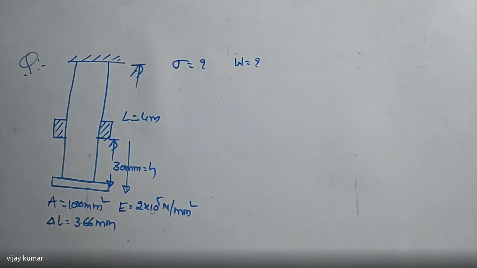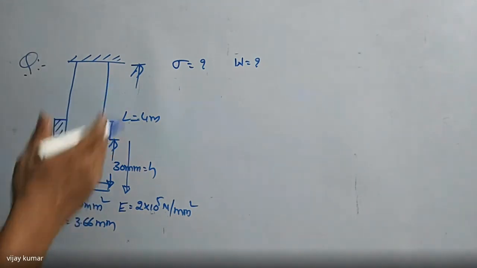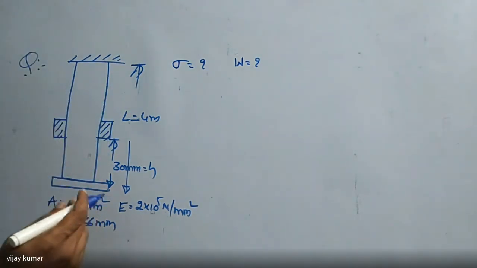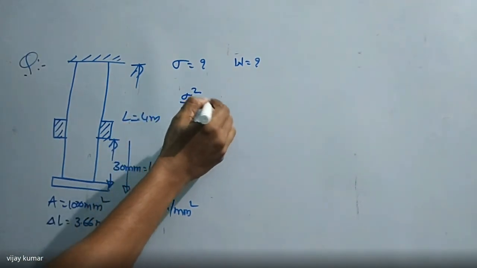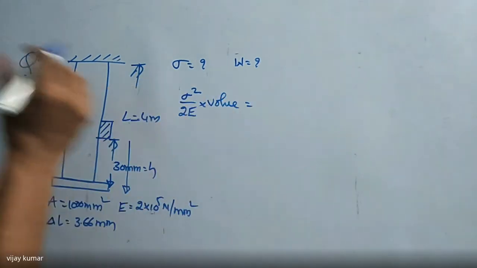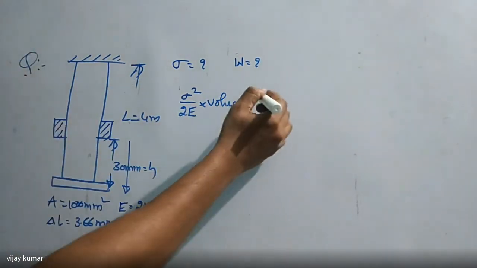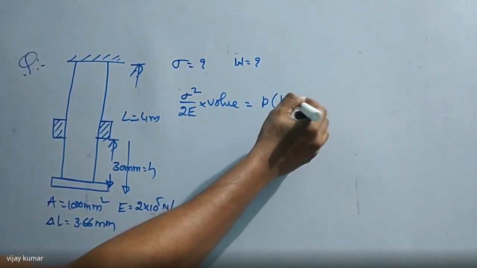Here we know that this is the case of impact load. In the case of impact load, we write sigma square by 2E into volume is equal to P into (H plus delta L).